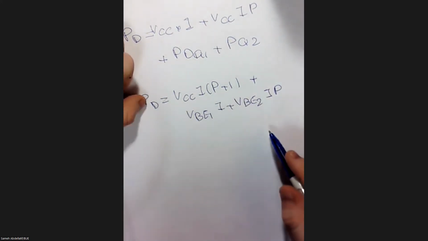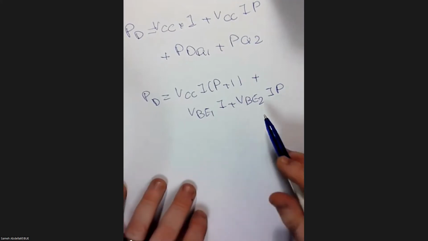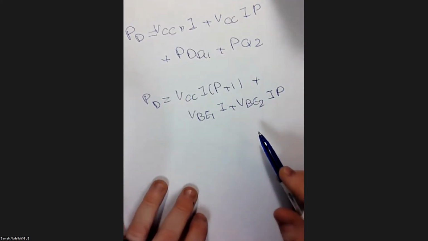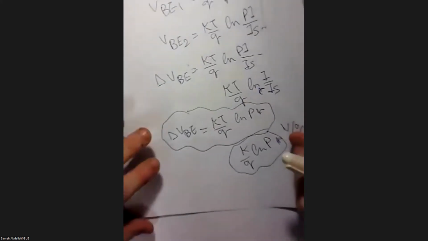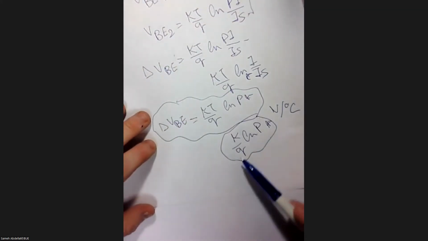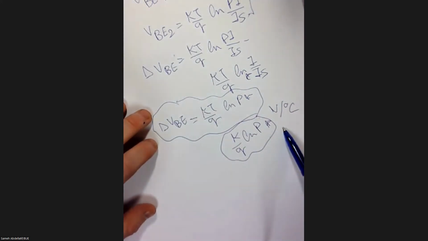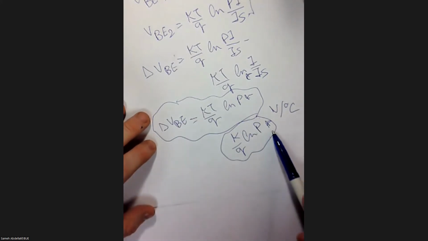As you can see, my dear students, this result was a very important factor, and that's why I'm considering this equation. Some slides ago, we mentioned that the sensitivity of our sensor is K over Q ln P R. And here we have found that P is considered the main design parameter to control or tune your sensitivity.